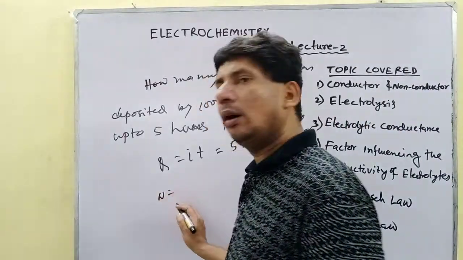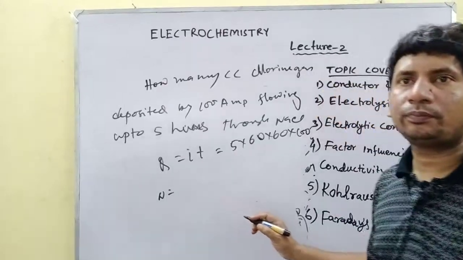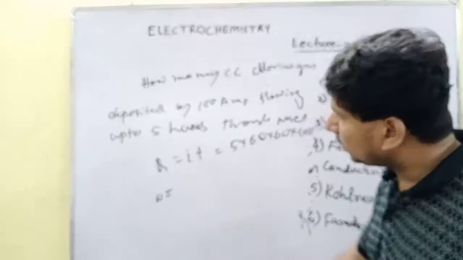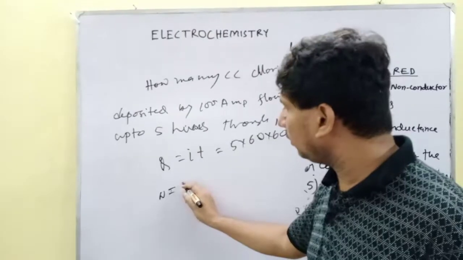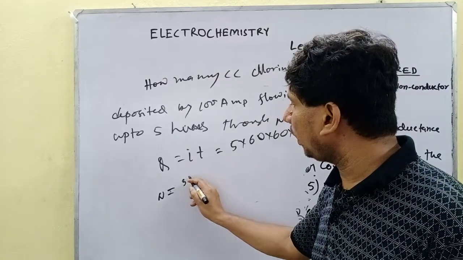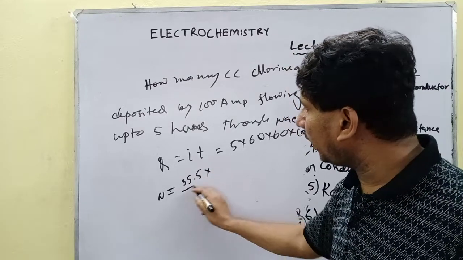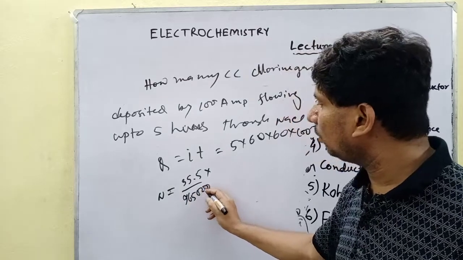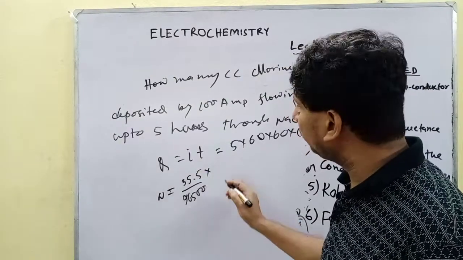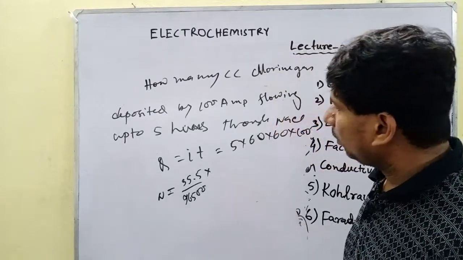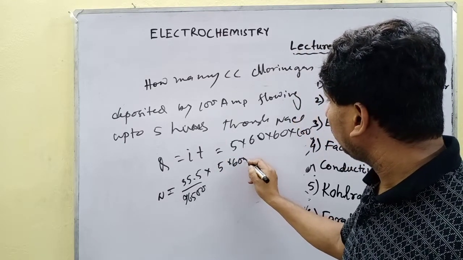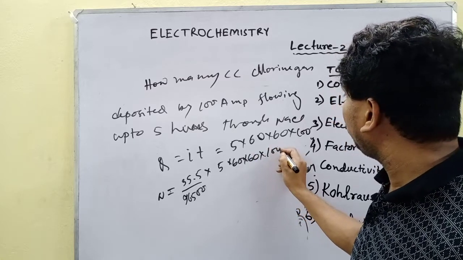And W equal to equivalent weight divided by 96500, that is Z, into Q. So what is the equivalent weight? 35.5 for chlorine, 35.5 divided by F, that is 96500 coulomb, and this is actually Z, then into IT, that is 5 into 60 into 60 into 100.